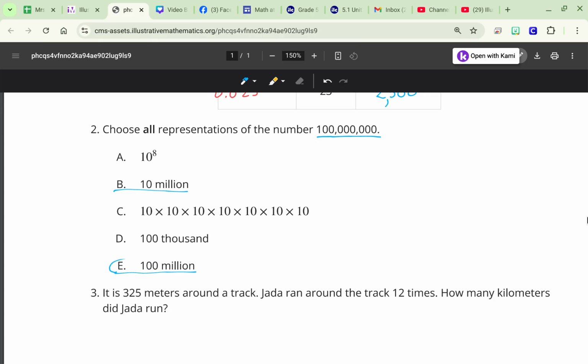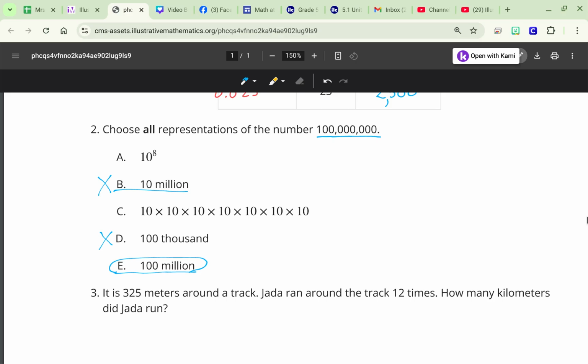So that should help us to understand that that is the correct way that we would say this number, 100 million. So for that reason, B is not an answer that we will choose. And in fact, I also know that D cannot be an answer that we choose. 100,000 is not the same as 100 million. So now let's take a look at A and C. Those are the ones that we still need to look at.